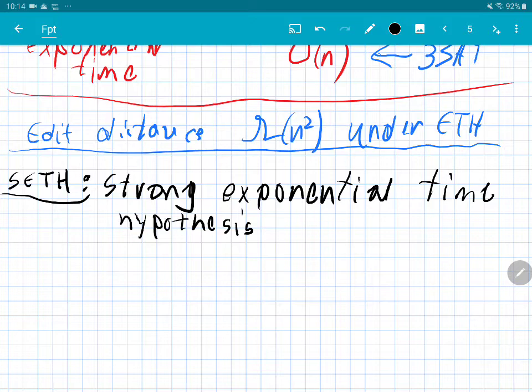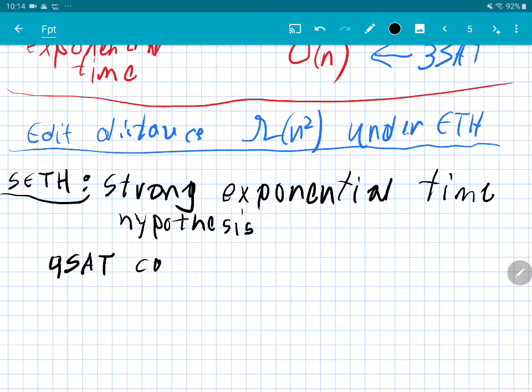So what this conjecture says is, and I will be very specific here because I don't want to say something incorrect, the following: QSAT, so this is 3SAT generalized to Q, where every clause has up to Q literals, to be more precise.